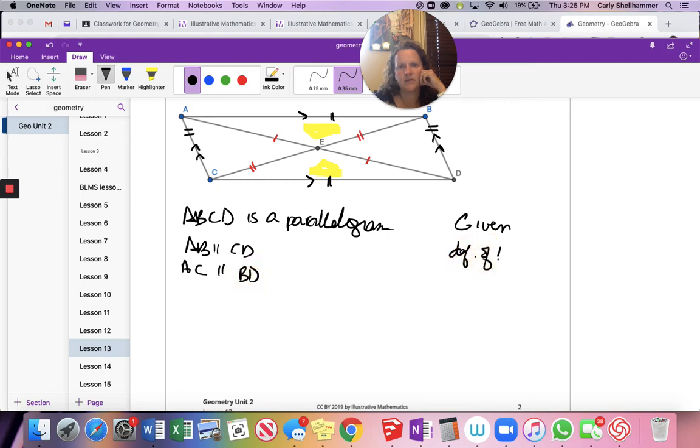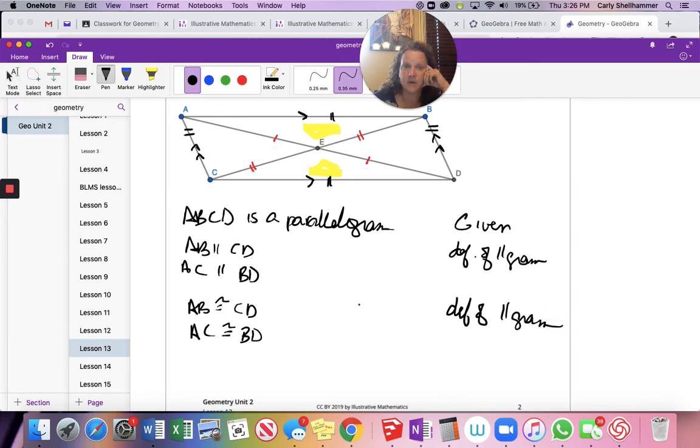Definition of parallelogram. We also know that AB is congruent to CD, and AC is congruent to BD. Definition of parallelogram.